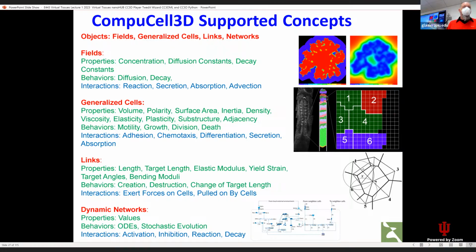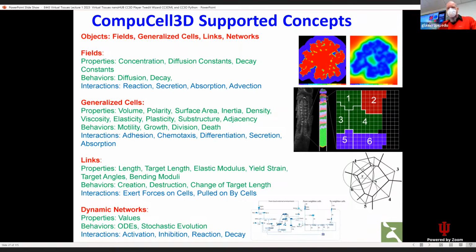And so CompuCell has a concept called, not very elegantly, focal point plasticity, or what are typically called links, which allow you to build these more solid-like behaviors. And then there's a generalized concept of networks, which could be used to represent the regulatory networks inside of cells, transport networks at the whole body level, and so on.